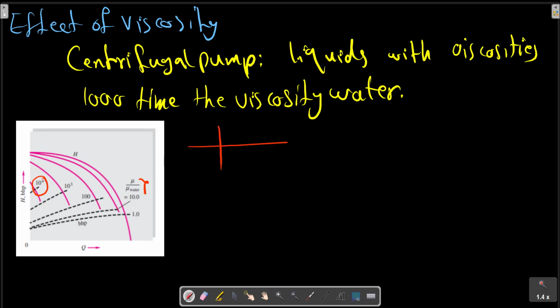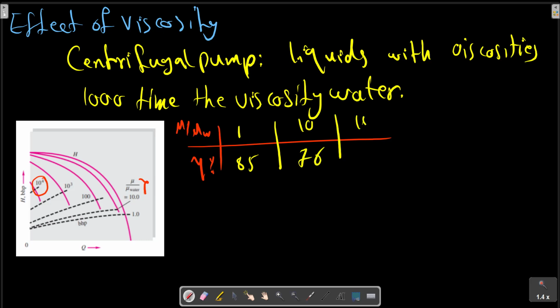For example, for the efficiency, for water, efficiency changes with the ratio of viscosity, and for 1000 times the viscosity, beyond about 300 times the viscosity of water, the deterioration in performance is so great that a positive displacement pump is required.